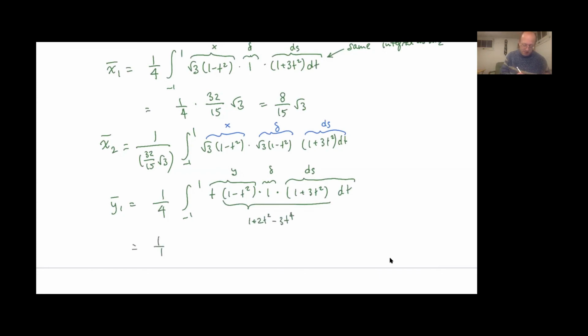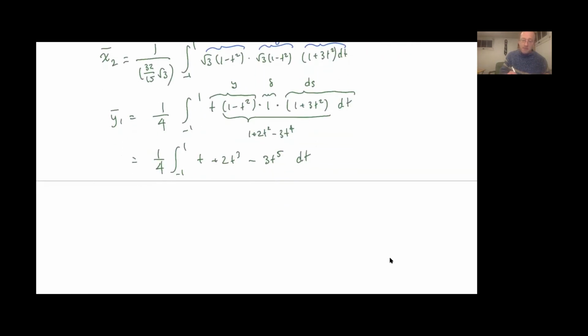So this time we're going to get 1/4, integral -1 to 1. We have an extra factor of t, so t plus 2t cubed minus 3t to the fifth dt. Antiderivative is 1/2 t squared plus 2/4 t to the fourth minus 3/6 t to the sixth. And we're going from t equals -1 to 1.